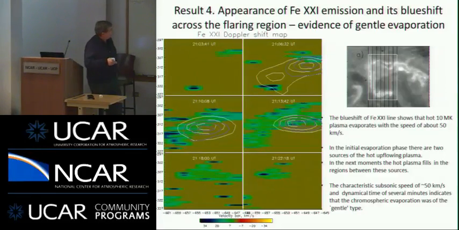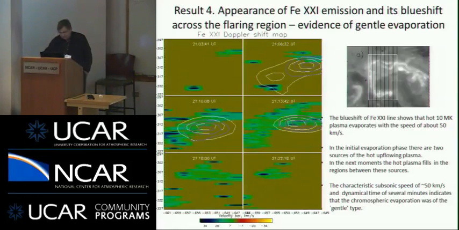It's from RHESSI, and the white contours are for 12 to 25 keV. There was no significant higher-energy emission in this flare, and the gray contours correspond to the lower band from 5 to 12 keV.